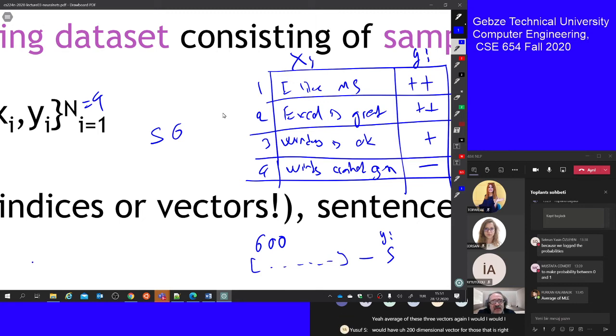Because doesn't matter if I have a single word sentence or 100 word sentence, the average of all the words would make a 200 dimensional vector, right? And I will solve this problem. So what is wrong with my approach? What is wrong with taking the average of all the words in a sentence and using that fixed vector to represent the sentence?